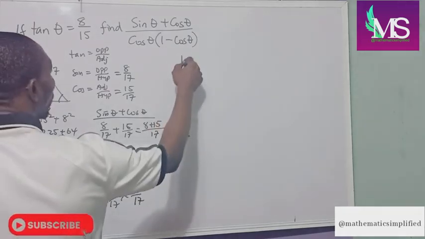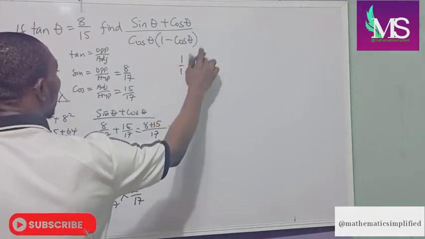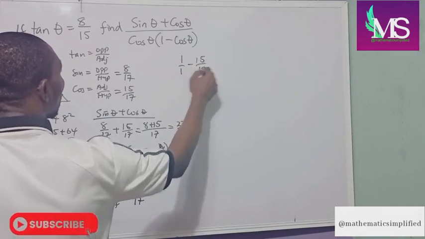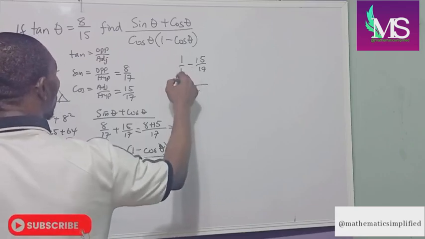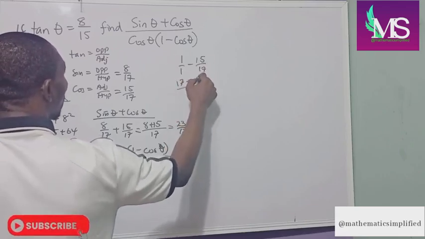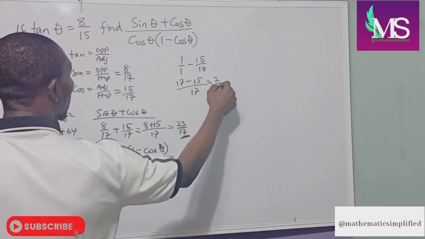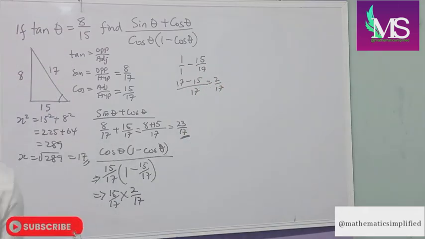How? We have 1 over 1 minus 15 over 17. So our LCM here will be 17. 17 times 1 is 17, minus 15, which will give us 2 over 17. That's how we arrived at this.